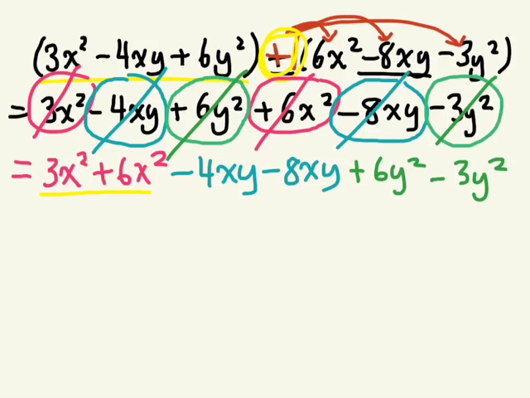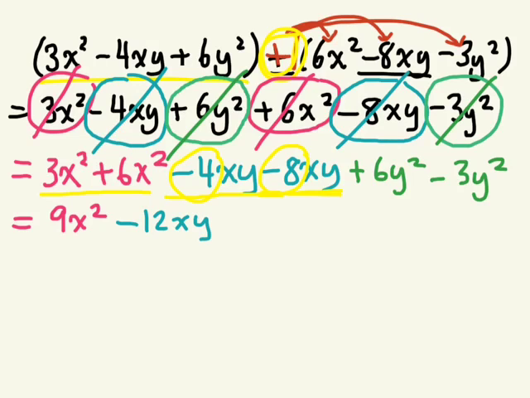3x squared plus 6x squared. 9x squared. Okay, what about this part? We have negative 4xy take away 8xy. What's negative 4 take away 8? Negative 12. So negative 12xy, right?